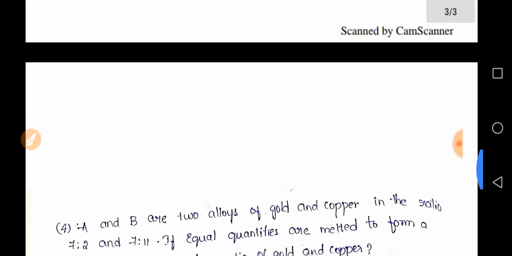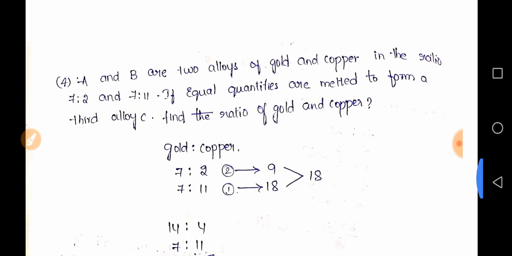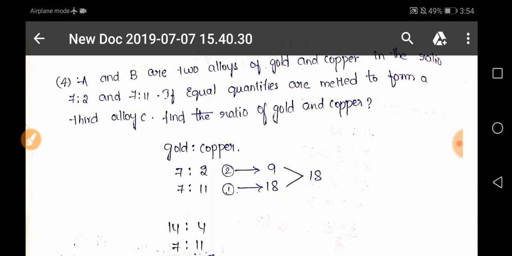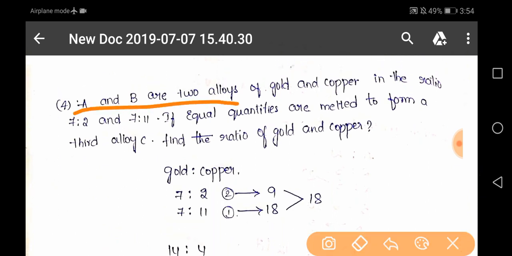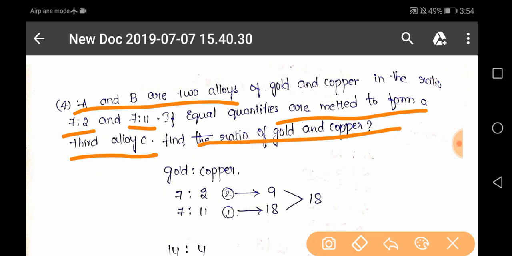So yesterday there was another problem on mixture and alligations. A and B are two alloys of gold and copper in the ratio of 7:2 and 7:11. If equal quantities are melted to form a third alloy C, find the ratio of gold and copper.